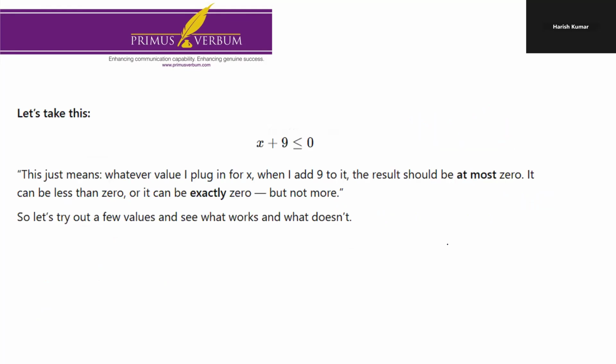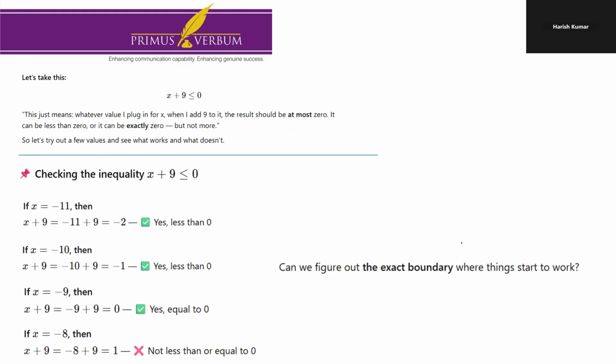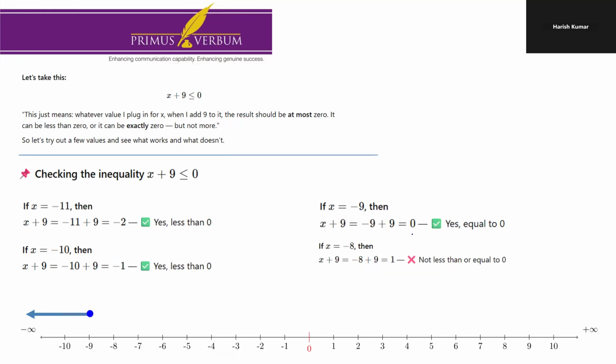Now let's have a look at this inequality. And once again, you will remember that we solved it by assigning different values for x and checking the exact boundary where things started working. And then we plotted the values of x on the number line. Now we will use the algebraic method to solve this inequality as well.